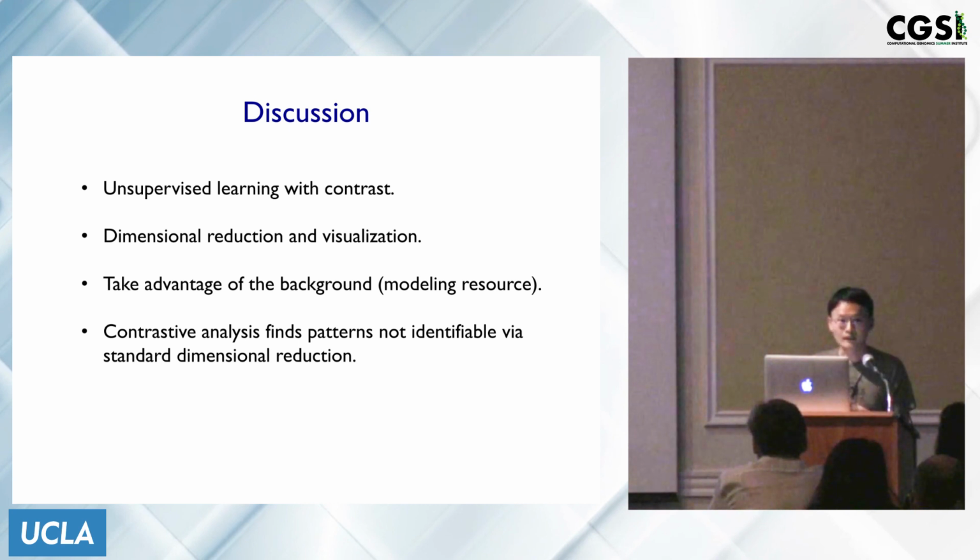That's really the motivation, the key idea behind the contrast. And in some settings that we can construct, we can actually show that contrastive analysis is able to find patterns that are information-theoretically not possible to identify using uncontrastive dimensionality reduction methods.